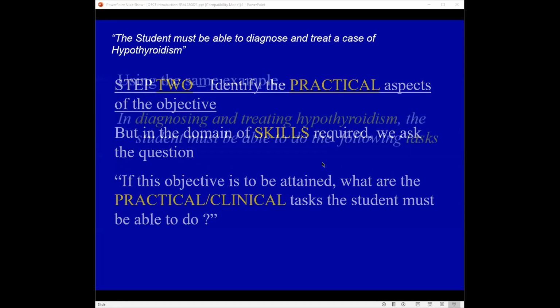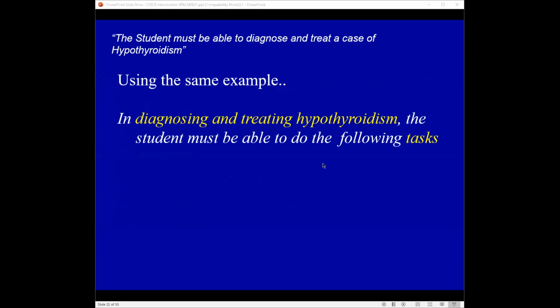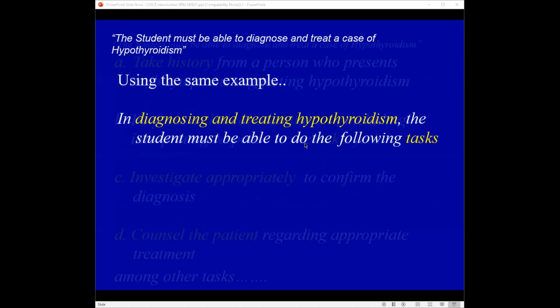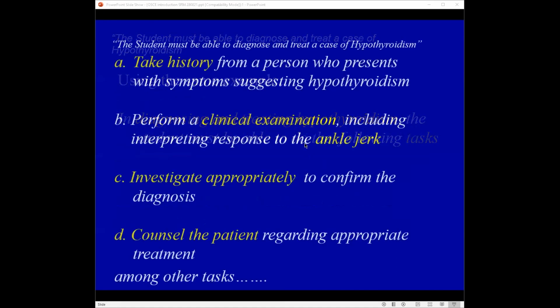So having identified this and using the same example, if that student is able to diagnose and treat hypothyroidism, he must be able to do the following tasks. And what are those tasks? For example, he must be able to take a history from a person who presents with symptoms suggesting hypothyroidism. So that's one task which he must be able to do. He must be able to perform a clinical exam, including interpreting response to the ankle jerk, which we know is delayed in a case of hypothyroidism.